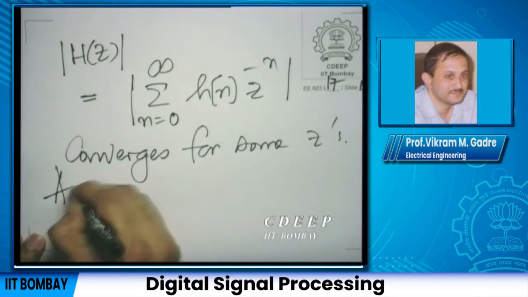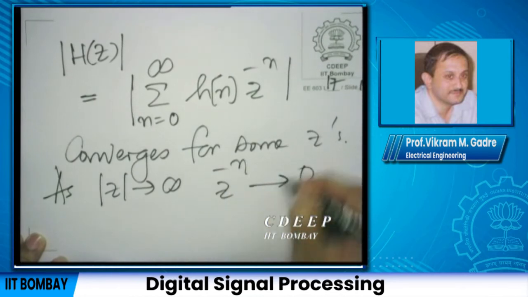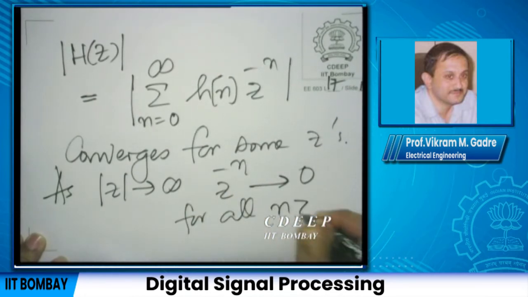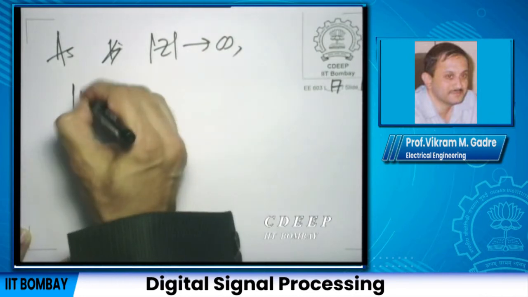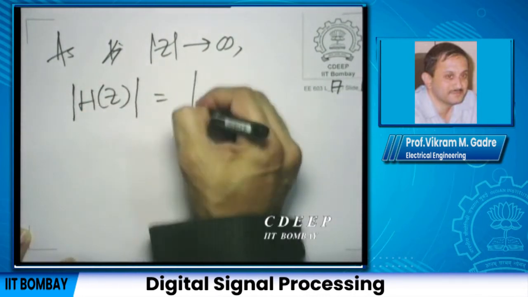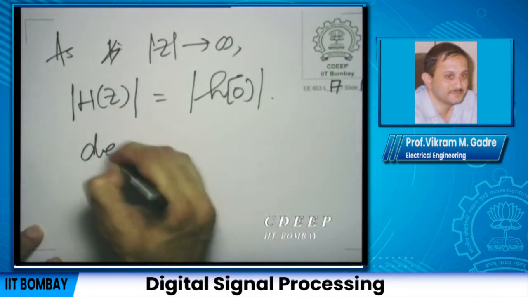Now, as mod z tends to infinity, z raised to the power minus n tends to 0 for all n greater than or equal to 1. That is easy to see. And therefore, all the terms vanish except for n equal to 0. As mod z tends to infinity, mod H(z) simply becomes mod h[0]. So, it definitely converges.